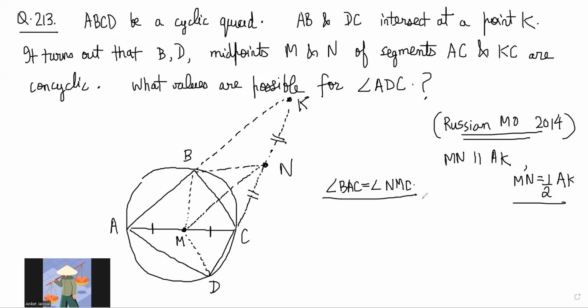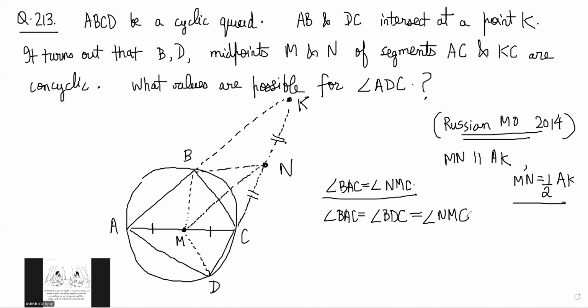Now, because ABCD is cyclic, angle BAC is the same as BDC. So angle BAC is equal to angle BDC, which is equal to NMC, right?